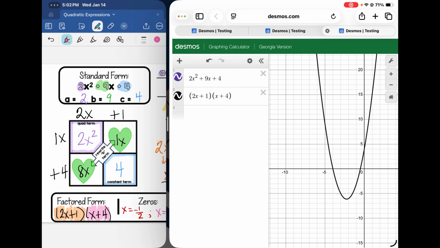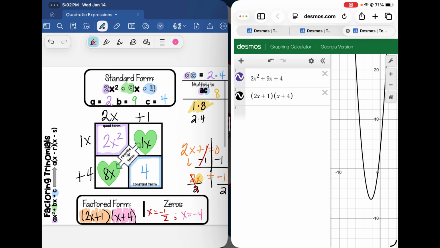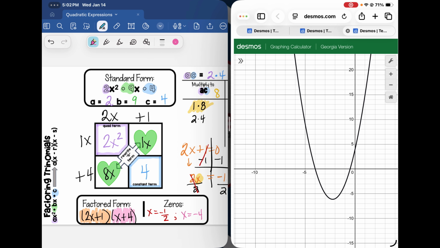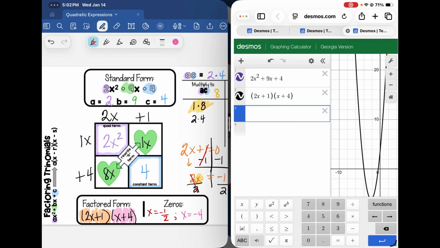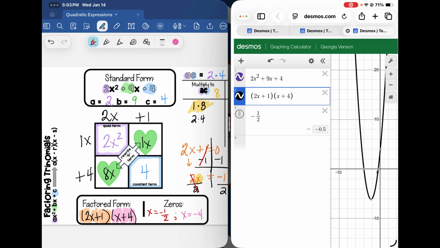So let's check our zeros to make sure that they are correct, because my zeros are telling me that it should cross the graph at x is equal to negative 4, and it does, and x is equal to negative 1 over 2. Well, they have negative 0.5. So if you are not sure how to convert your fractions to decimals, we can use Desmos. I can type in negative 1 over 2 and see if it is equivalent to negative 0.5, and it is. So we did it correct.